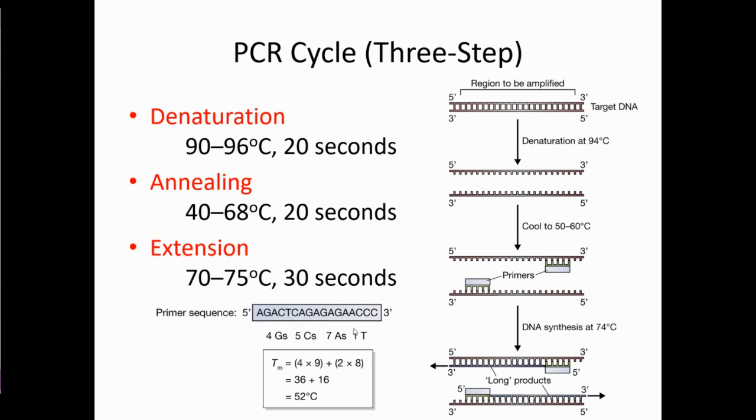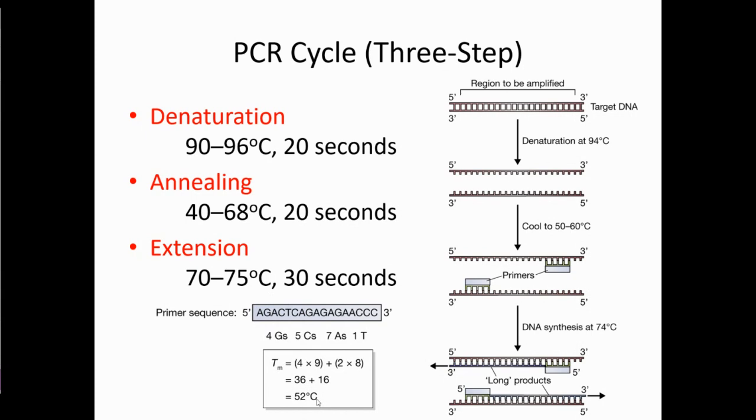So for example, in this primer, you have 4 G, 5 C, 7 A, and 1 T. Then the melting temperature will be 4 degrees multiplied by the number of G plus C, which is 9, plus 2 multiplied by the number of A and T in the primer, so 7 plus 1 is 8. So that'll be 4 times 9 plus 2 times 8. So that'll be 52 degrees.